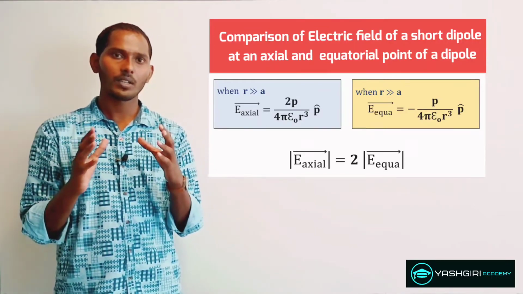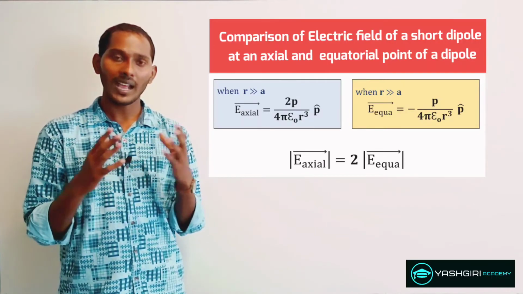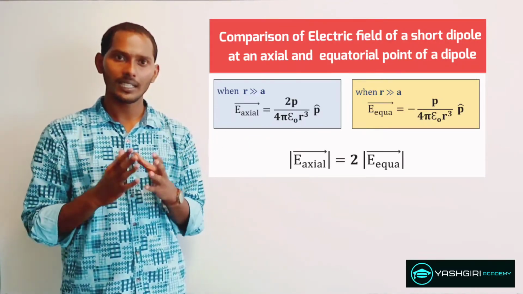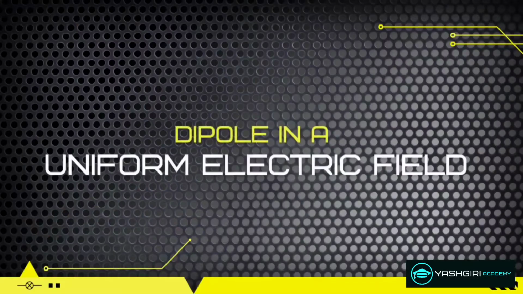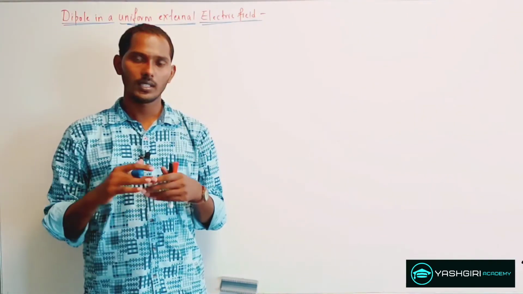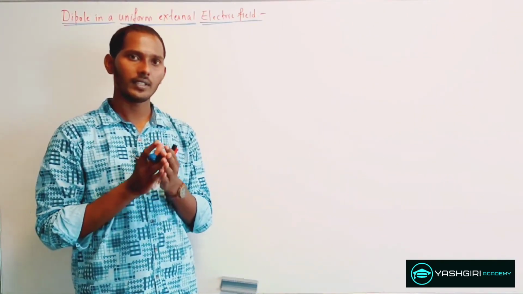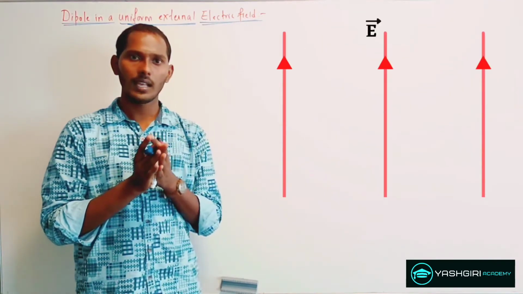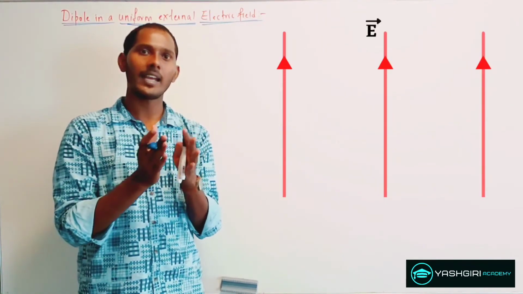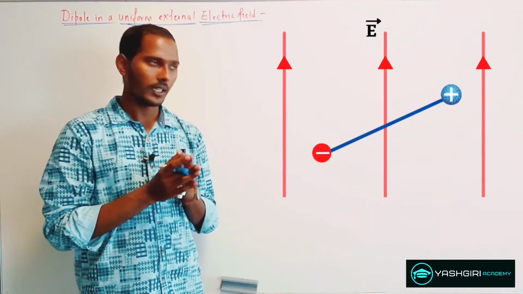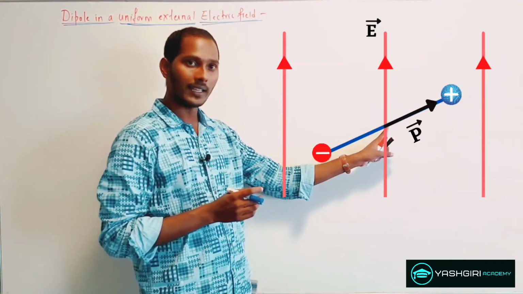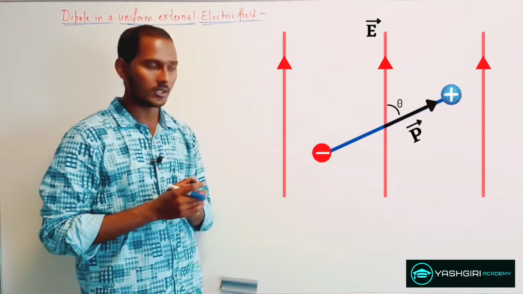Now let's see what happens if I place this electric dipole in an external electric field. Suppose you have a uniform external electric field, something like this, and you place an electric dipole in this electric field in such a way that the dipole moment forms an angle theta with the electric field lines.